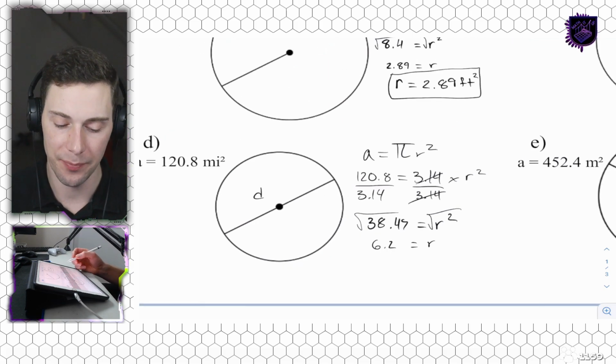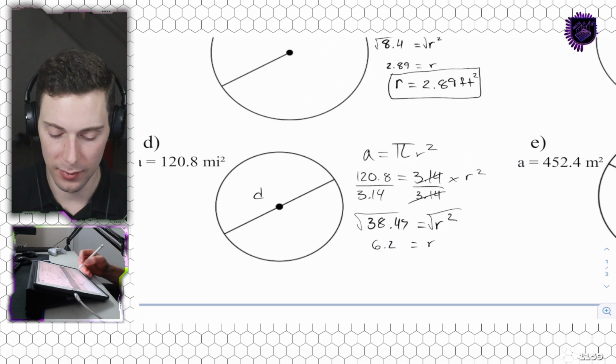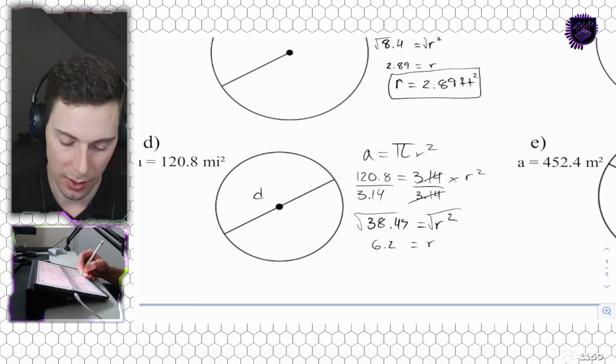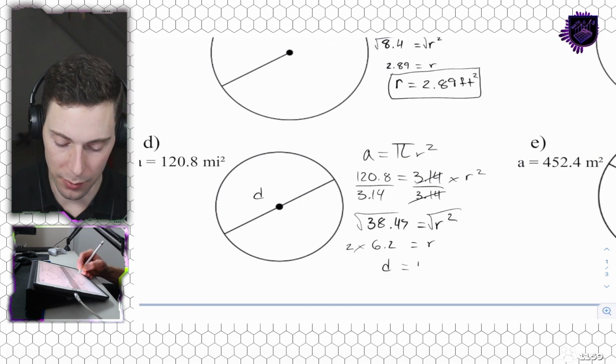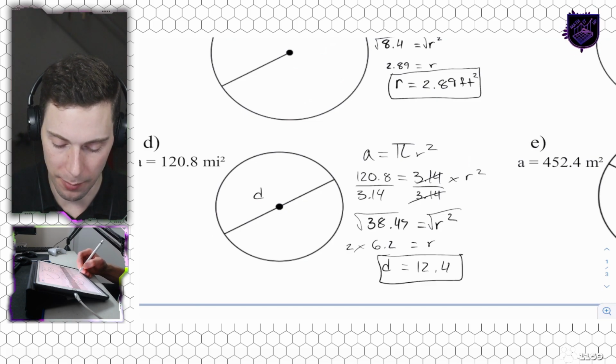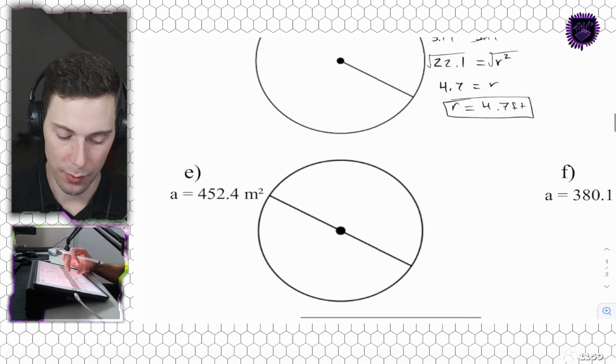What's the D? And the D is going to be 6.2 times 2, which is 12.4. Diameter is equal to 12.4 miles. M-I, miles. Ooh, big circle here.